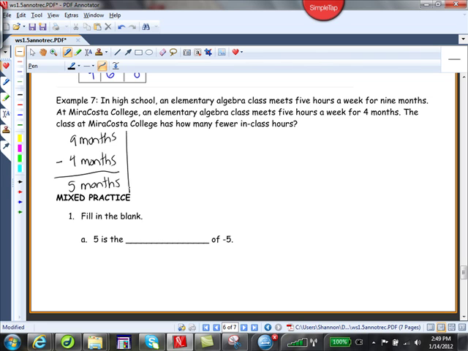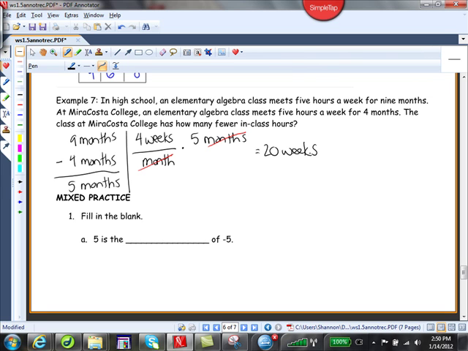And then there are 4 weeks per month. And we could multiply that by 5 months. And again, we're finding out how many fewer hours. So do you see that these are going to divide out, and this ends up giving us a result of 20 weeks.